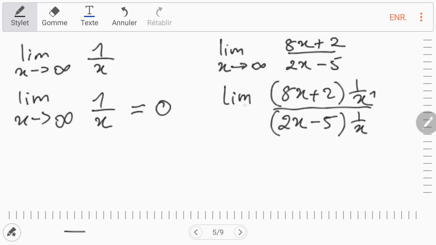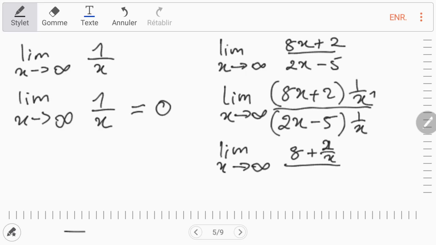The limit as x goes to infinity, we obtain the limit as x goes to infinity of 8 plus 2 all over x, and 2 minus 5 all over x.